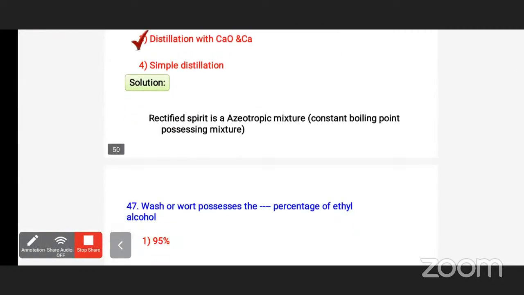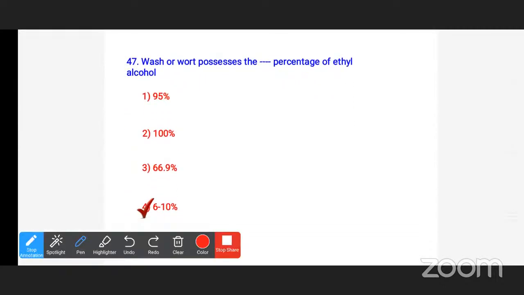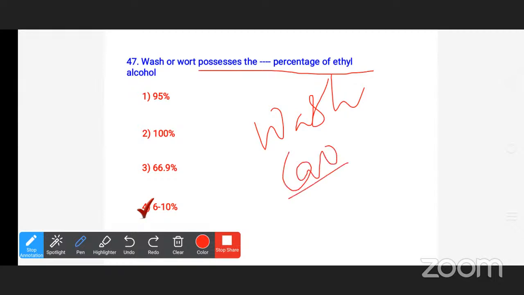Next question, student. Wash, or what percentage of ethyl alcohol? Here, ethyl alcohol obtained from fermentation of molasses is called wash. It is subjected to fractional distillation to form rectified spirit. It is distilled with quicklime, CaO, to form absolute alcohol.